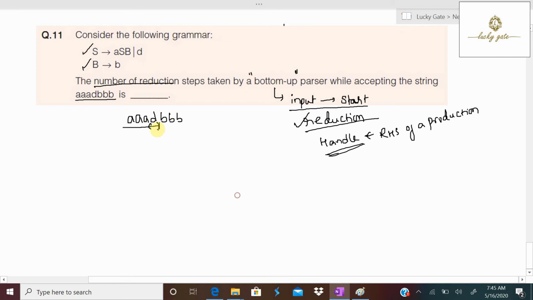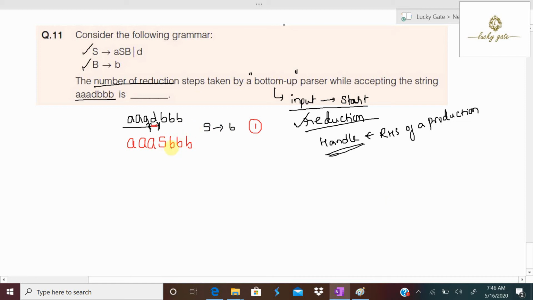At this step, when scanning from left to right, I can find a handle D in the input AAAD triple B. Because D is the RHS of the production S tends to D, this D is going to be replaced with S. This is called a reduction process, also called handle pruning. After replacing D with S, my input string is AAASBBB. The first reduction is over. This is reduction number 1.